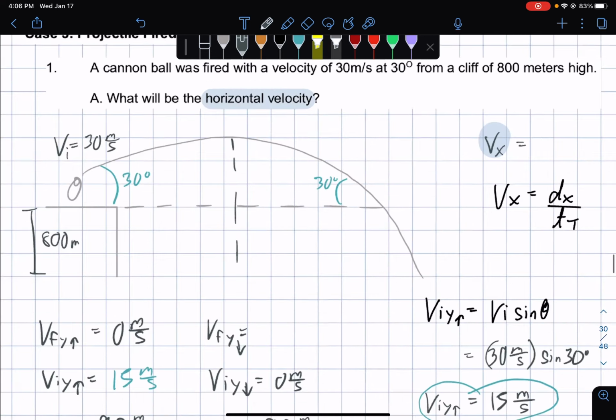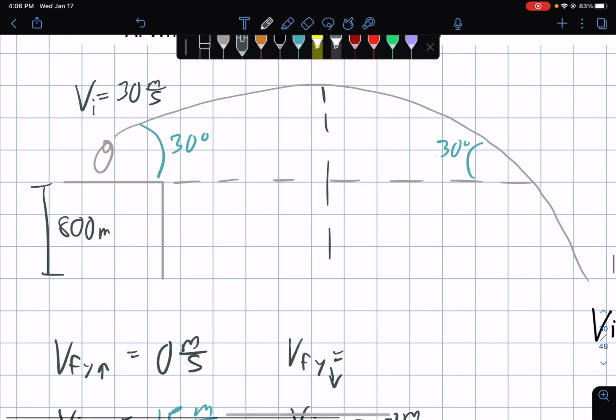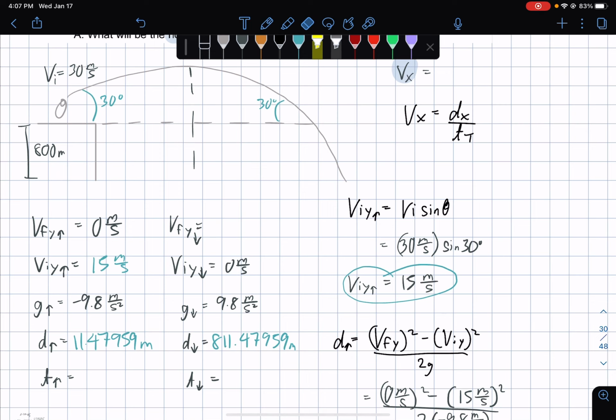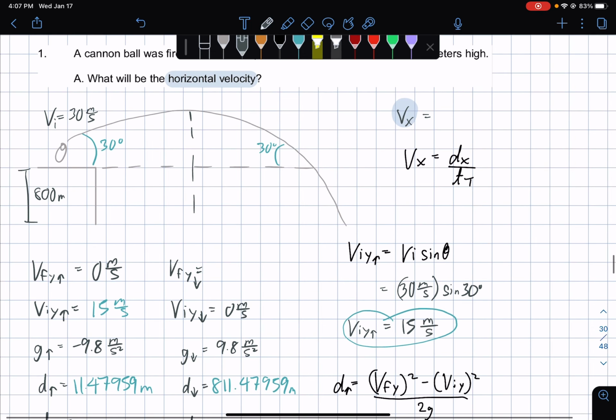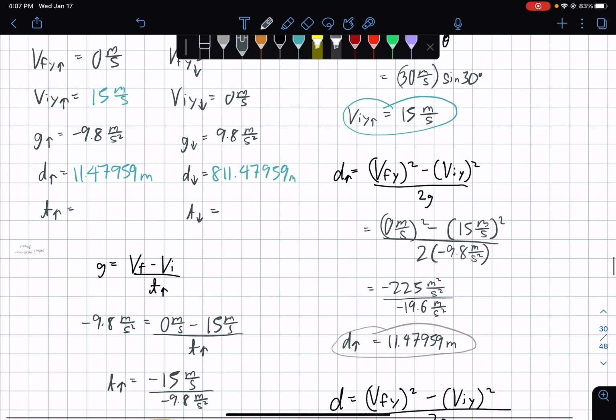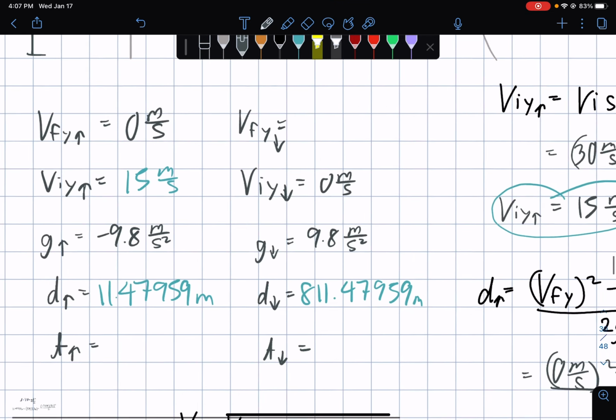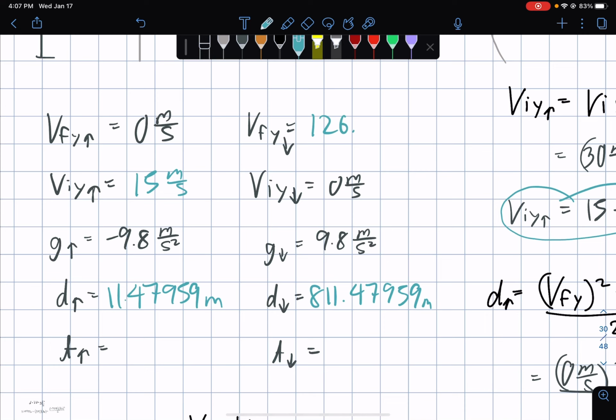Well, understandably, because the distance, the cliff, is 800 meters. And if you think about it, the distance going up was only 11 meters. Compare that to 800 meters. So yeah, it's kind of fair. 126.11502.